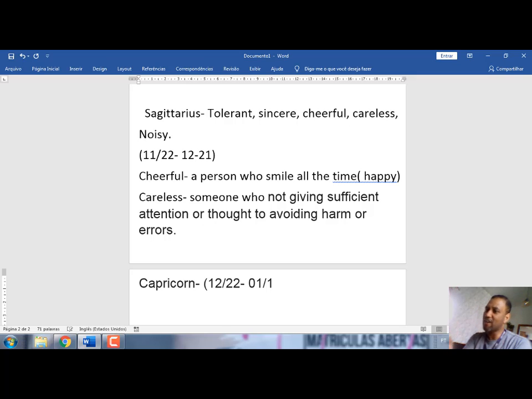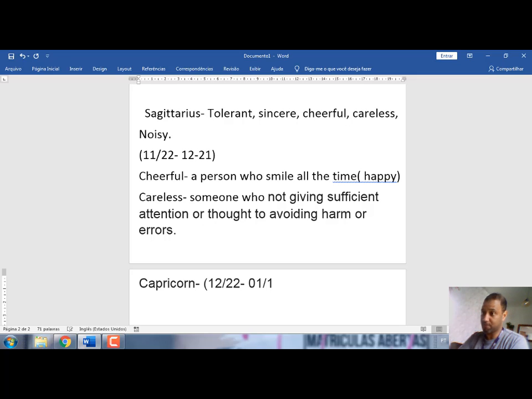Careful. Careful is exactly the opposite of careless that we saw before. Former zodiac sign Sagittarius, we have here careless. Careful is totally opposite. If careless is someone who's not giving sufficient attention to something, like equipment, his telephone, his car, he doesn't take better care of this.